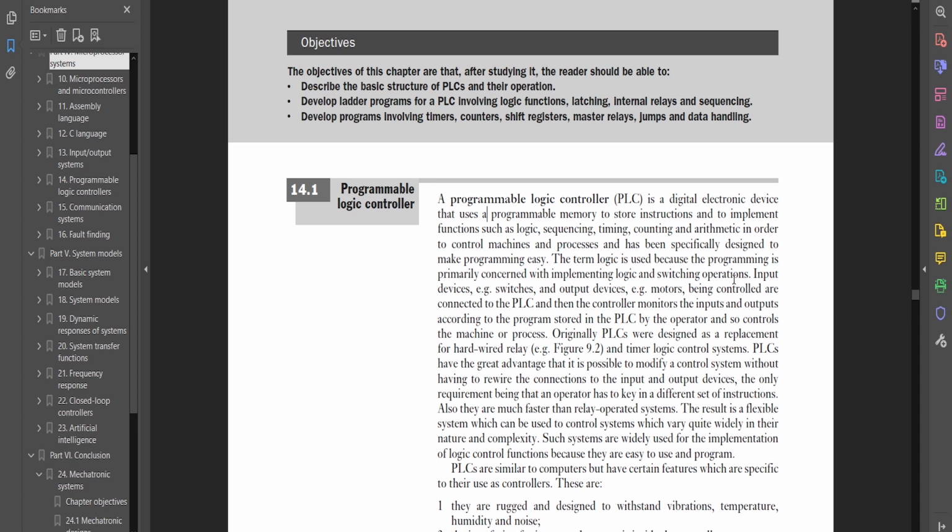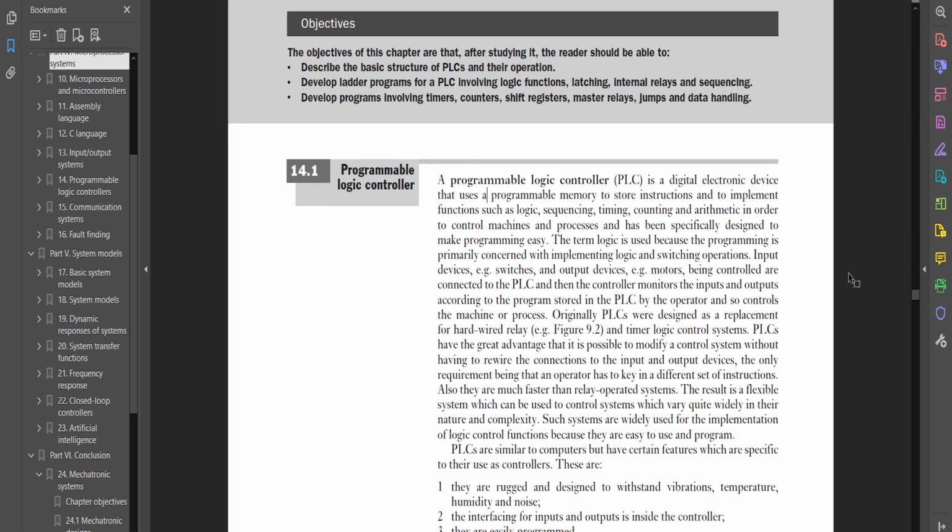Input devices, switches, and output devices being controlled are connected to the PLC, and then the controller monitors the inputs and outputs according to the program stored, and so controls the machine or process. They were designed as a replacement for hardwired relay and timer logic control systems. PLCs have the great advantage that it is possible to modify a control system without having to rewire the connections to the input and output devices.